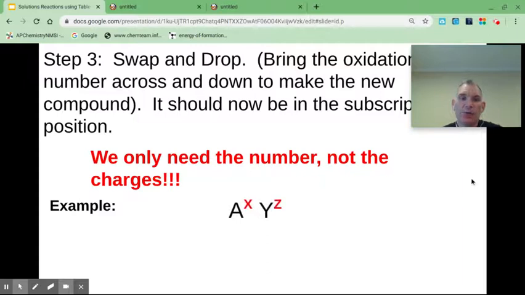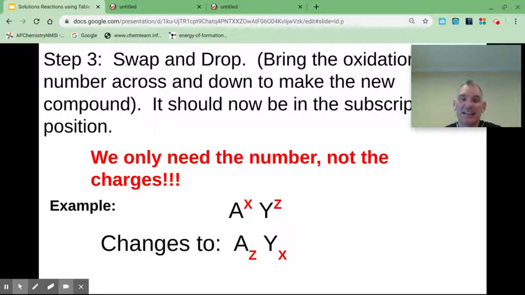As we said before, if A is raised to the X and Y is raised to the Z, and X and Z are their oxidation numbers, when I swap and drop, the Z and the X have to move positions and move locations. When we do this, it changes to A to the Z and Y to the X.